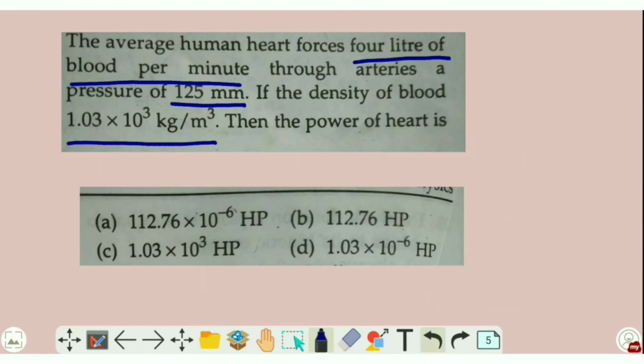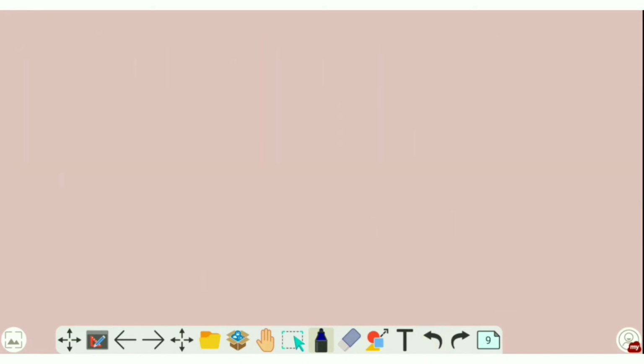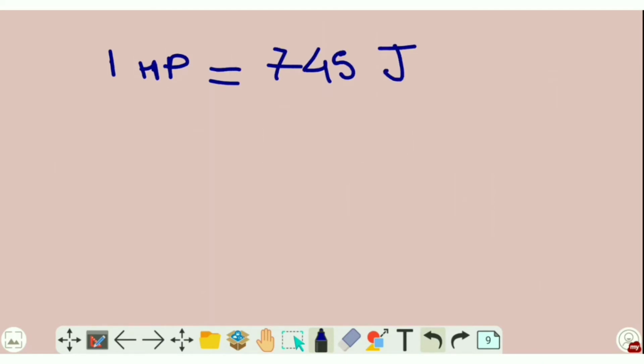Now we have to find the answer in horsepower. We know 1 horsepower equals 745 joule per second.